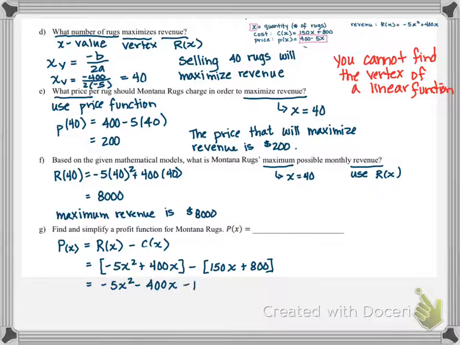So this is a negative 150x minus 800. Then if I combine like terms, I get that p of x is equal to negative 5x squared. Wait, why is that 400 negative? Oh, it's not. It's positive. Thank you. Plus 250x minus 800. And that's my profit function.